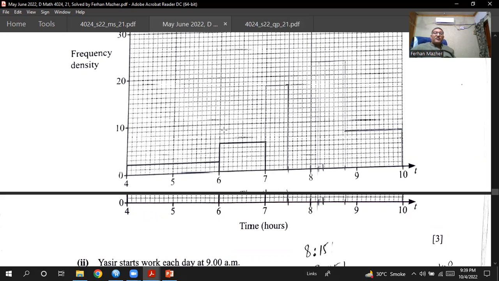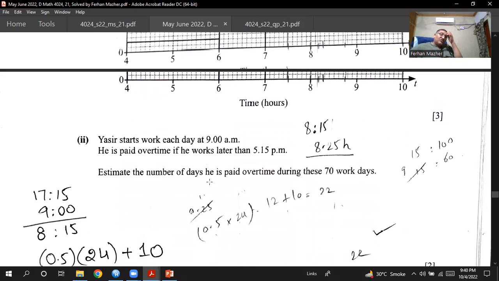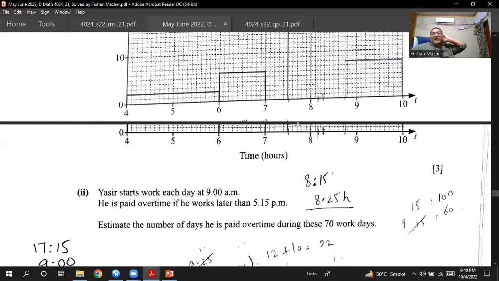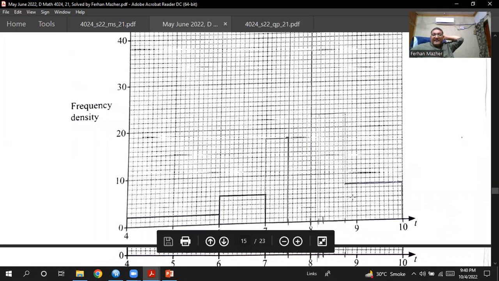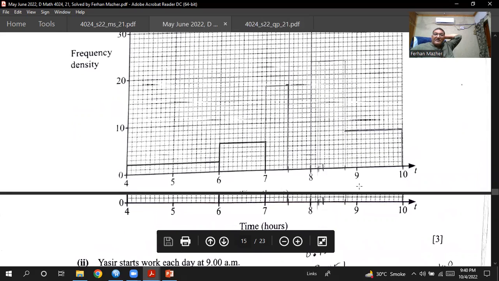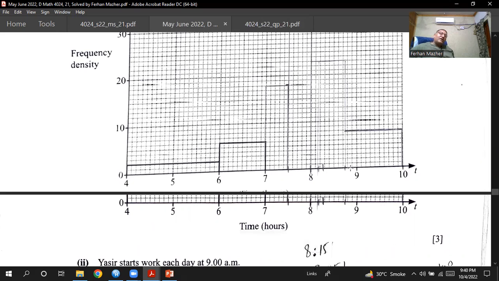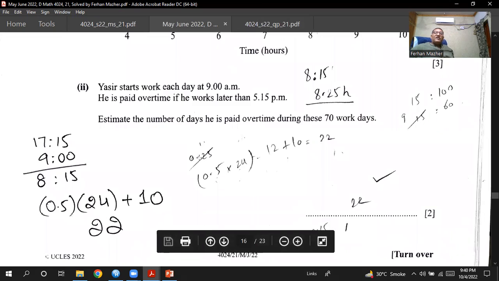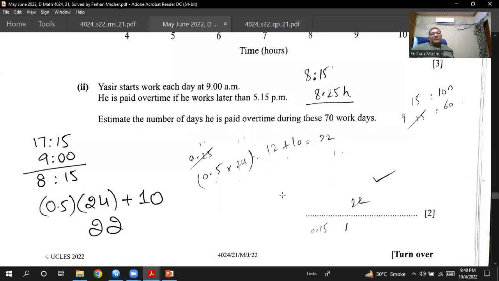You multiply it with 24, this height is 24. So 0.5 multiplied by 24 is 12. This other area is 8 multiplied by 1.25, so it is 10. You add 12 and 10, that is 22. So there are 22 days on which he's paid overtime.